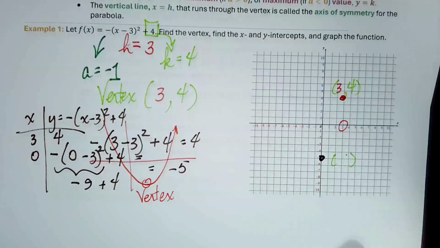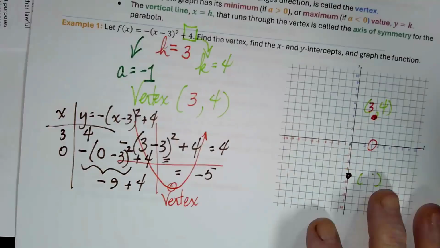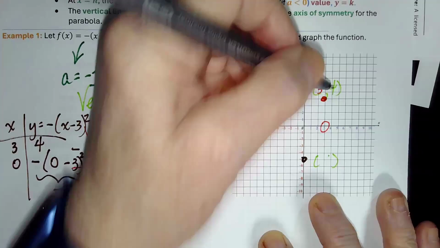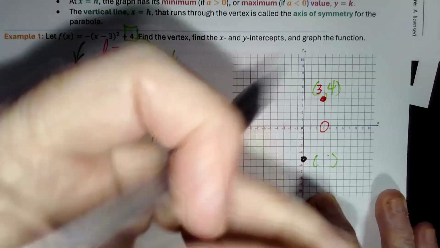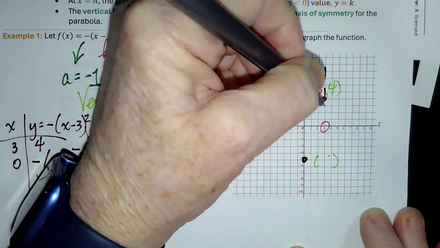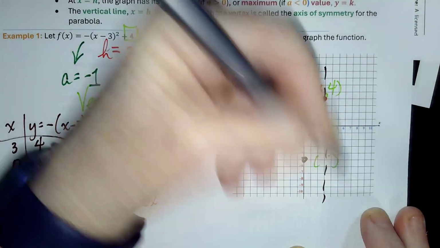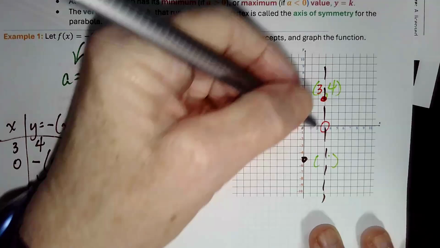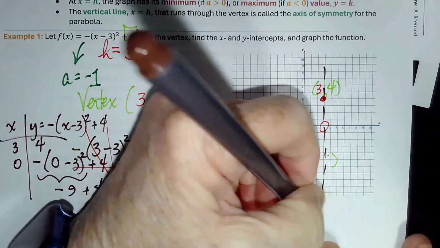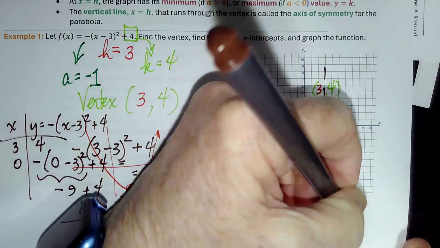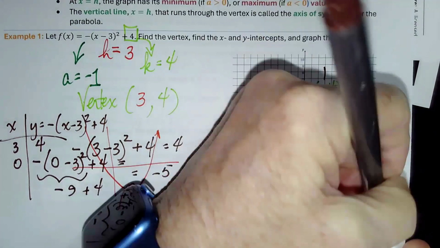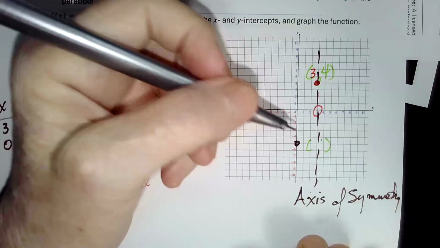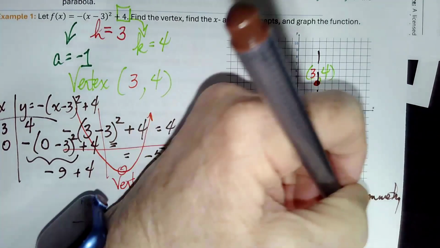And the cool thing about the vertex is that the entire graph mirrors from one side of the vertex to the other. And this mirror is the axis of symmetry. The equation for the axis of symmetry is x equals h.